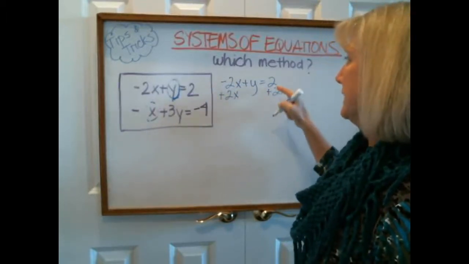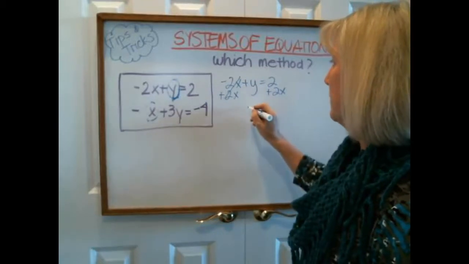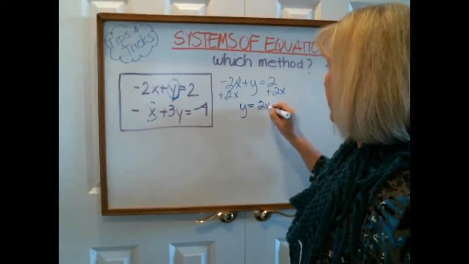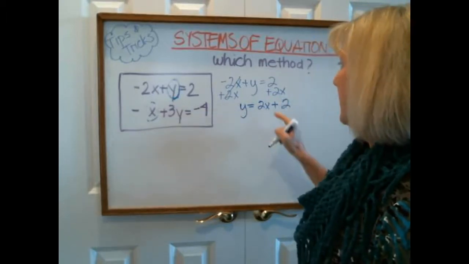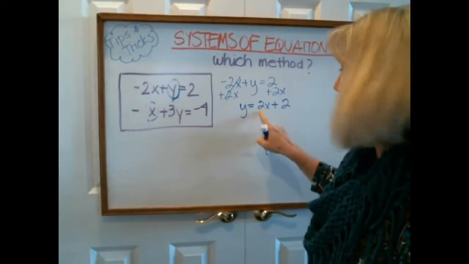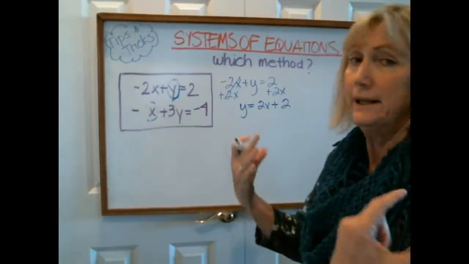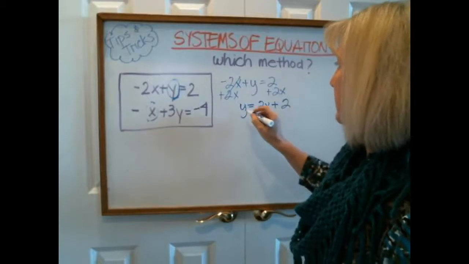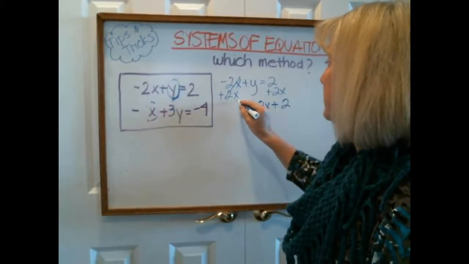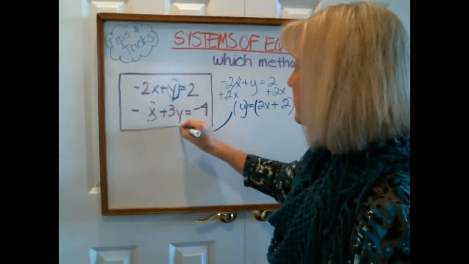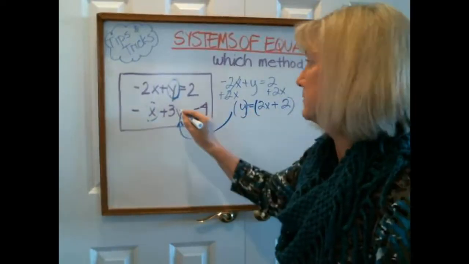Notice these are not like terms. Those go away, so I get y equals 2x plus 2. I just like to write the x term first because it resembles y equals mx plus b, and it makes graphing easier.